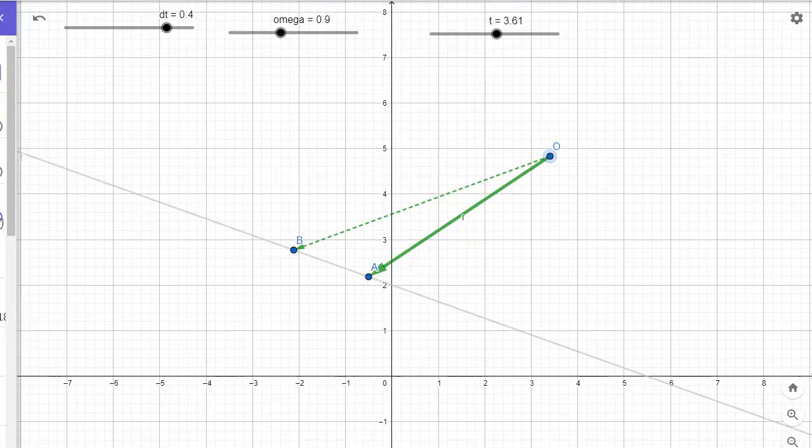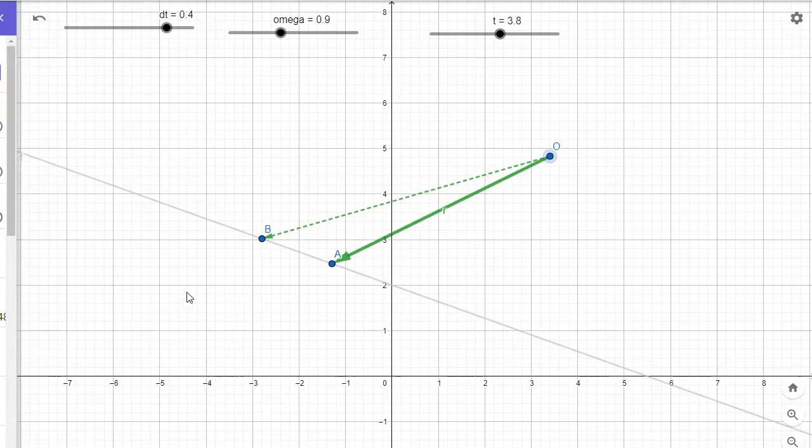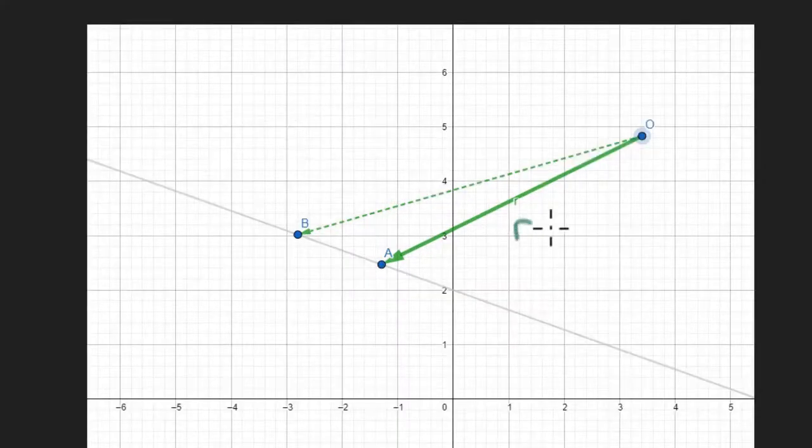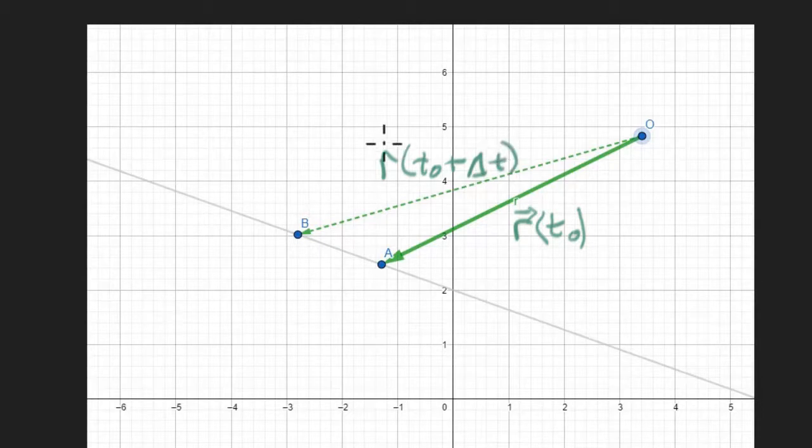Okay, so let's think about the difference. I'm going to pause it right there, and we can think about that difference. So again, this vector right here is the position at the current time. And up here I have the position at the current time t0 plus a little bit into the future. I'll call that delta t.